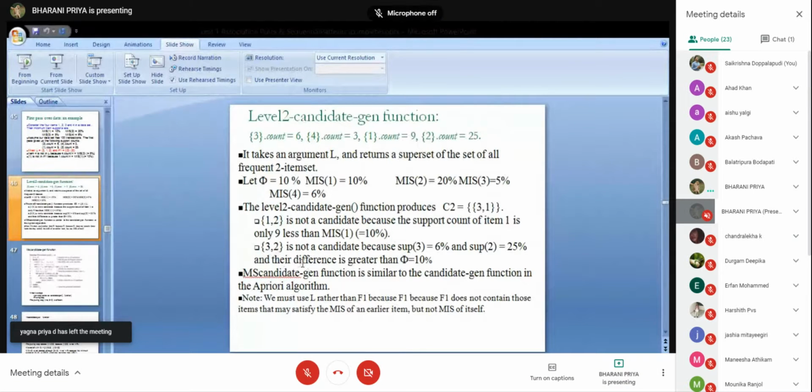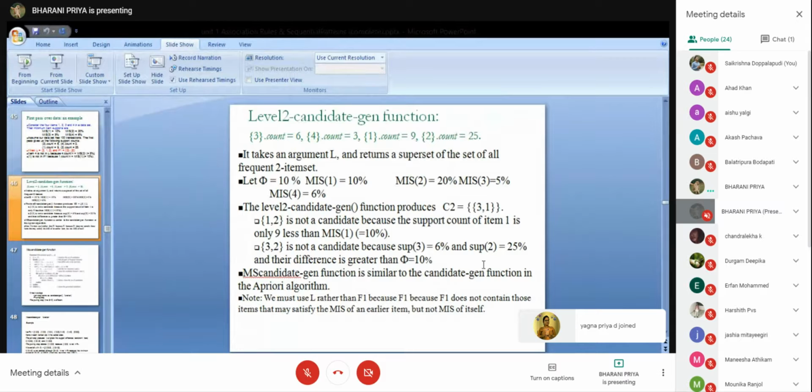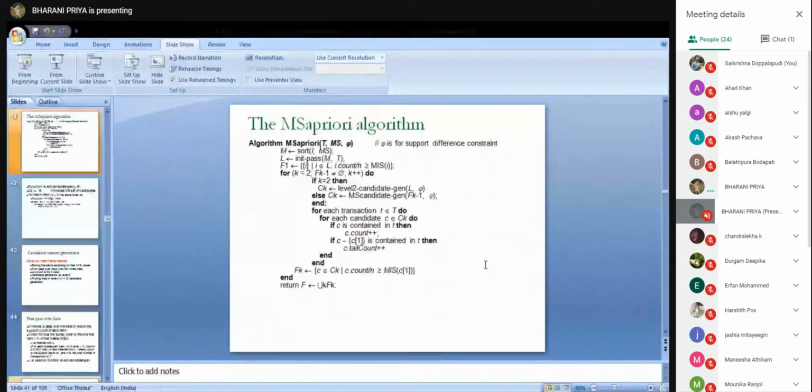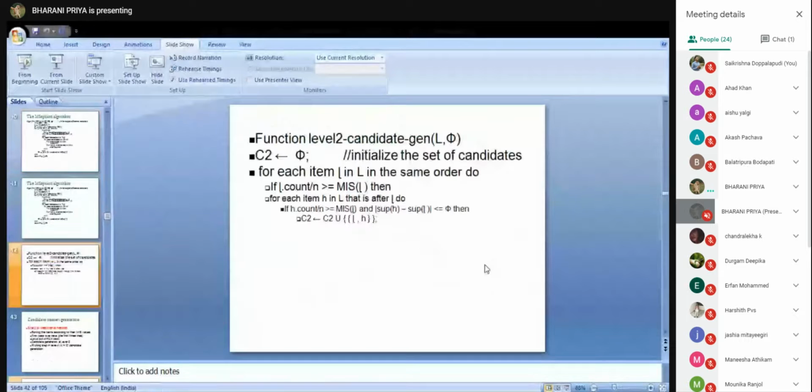Now 3, 2. Just one minute. See here. The item set support should be greater than the MS of the first item, and the support of H minus the support of L should be less than or equal to 5.